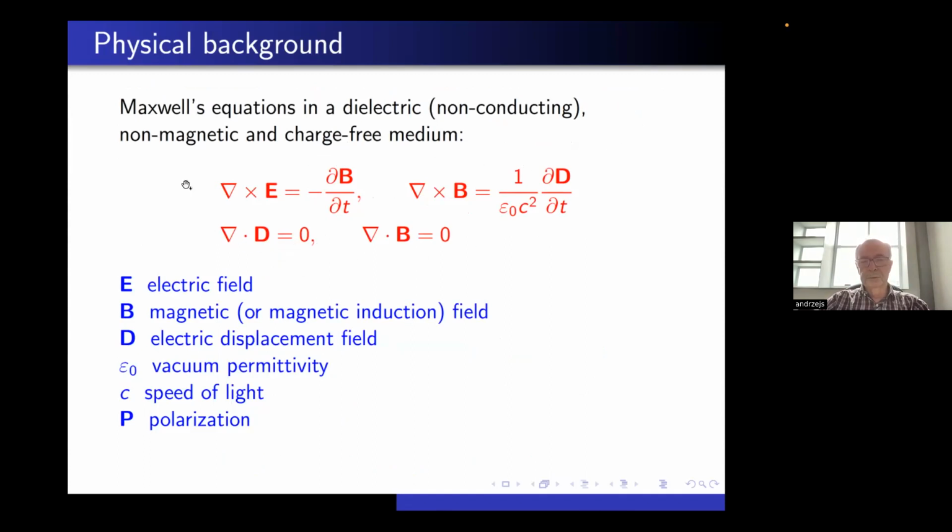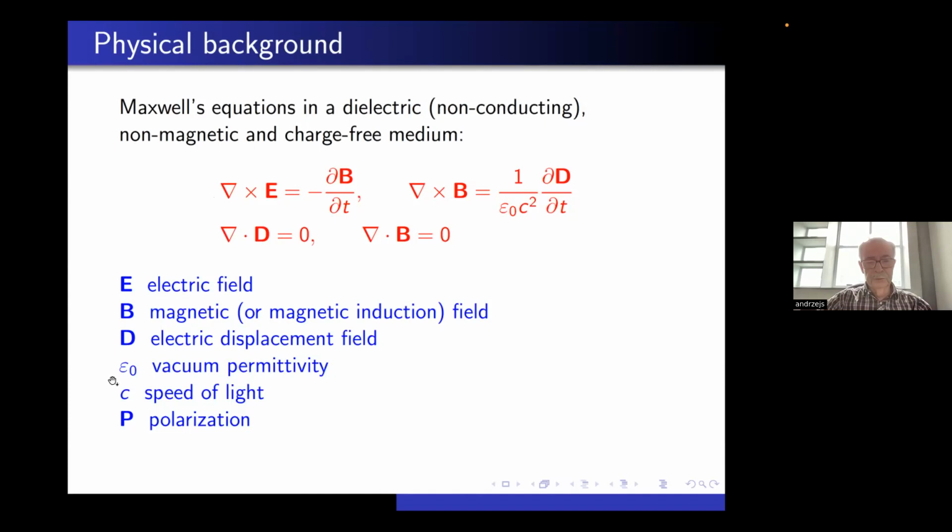Well, if the medium is conducting or magnetic or not charge-free, there will still be 4 equations, but the right-hand sides will be a little bit more complicated. And here E is the electric field, B is the magnetic field, and D is called the electric displacement field.